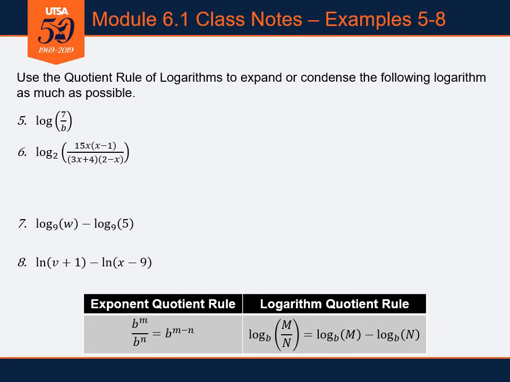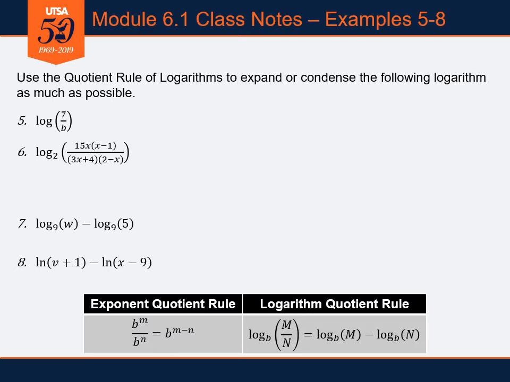Our exponent quotient rule, as you already know, is if we're dividing with exponents, we subtract the powers. Similarly and analogously, we have a logarithm quotient rule that says log base b of m divided by n, a quotient, is the difference or subtraction of log base b of m minus log base b of n.